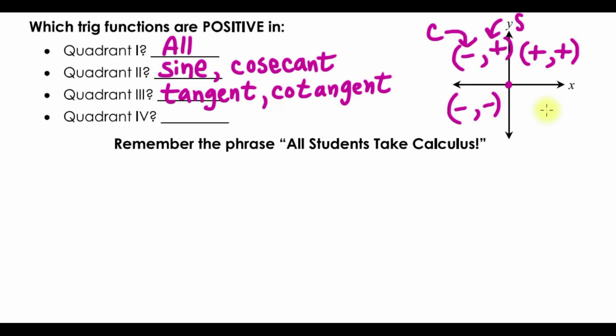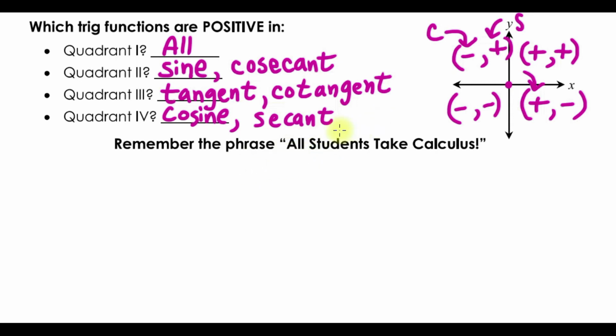Okay, and then the last quadrant, quadrant 4. Here you have positive, and then this is negative. So in quadrant number 4, the x is positive, and that's your cosine. So cosine is positive, and what's the reciprocal of cosine? Secant. It's also positive. And the best way to remember this is to remember the phrase.